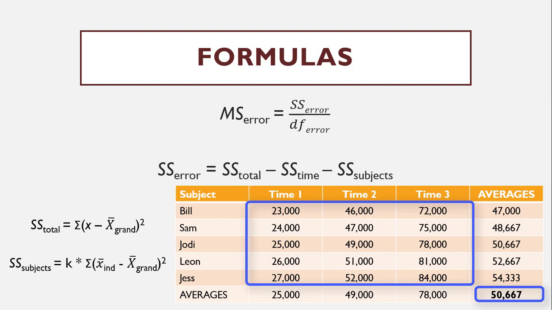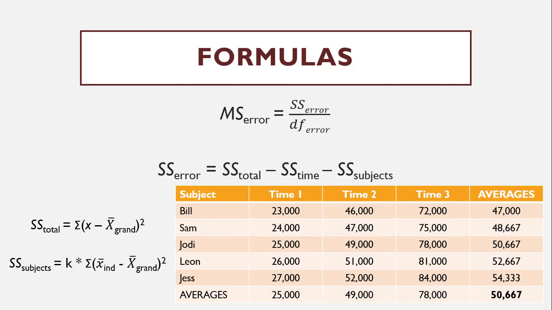So we're going to take the square deviation of 23,000 from 50,667, add to it the square deviation for 46,000 from 50,667, and 72,000 to 50,667, 24,000. So we're going to do that across all 15 of those scores. Add those together, that'll give us sum of squares total. So that's the total variability within our data.